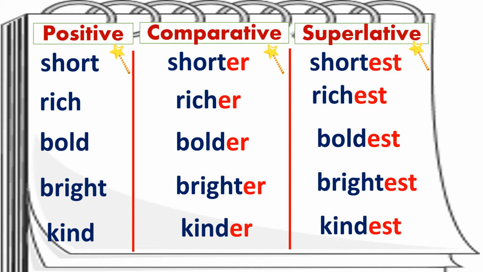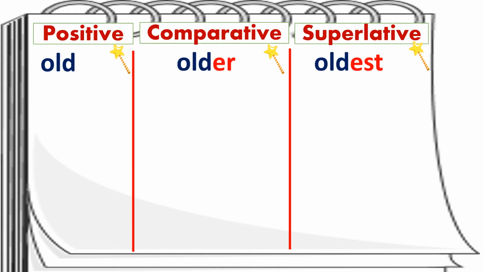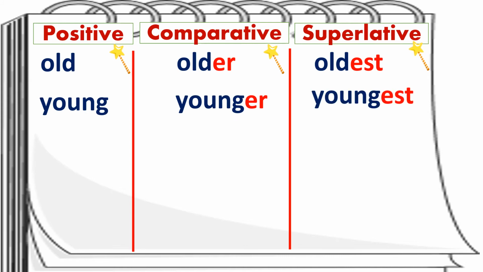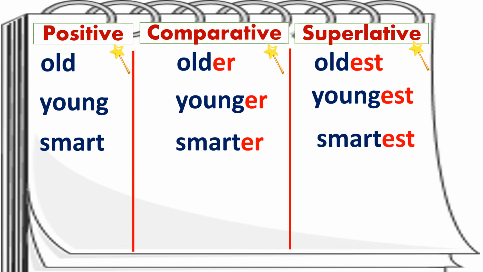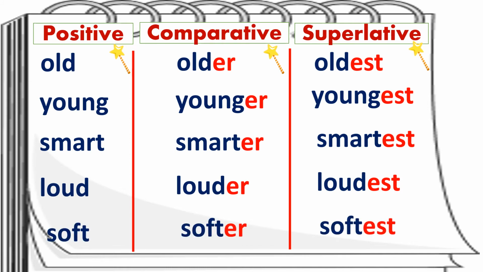So we have positive, comparative, superlative. As we continue with the three degrees, positive, comparative, and superlative, we have old, older, oldest, young, younger, youngest, smart, smarter, smartest, loud, louder, loudest, soft, softer, softest.